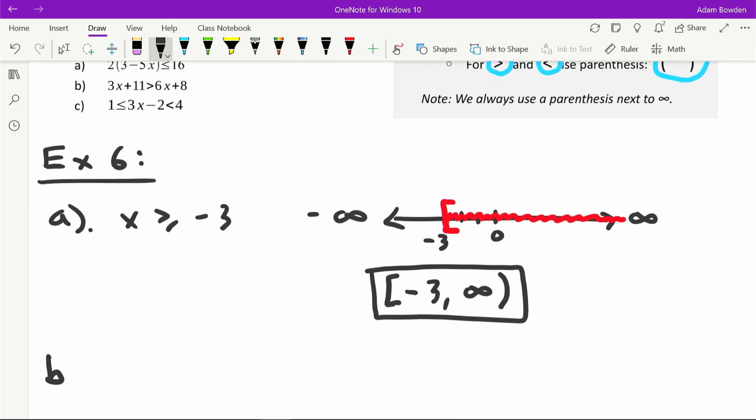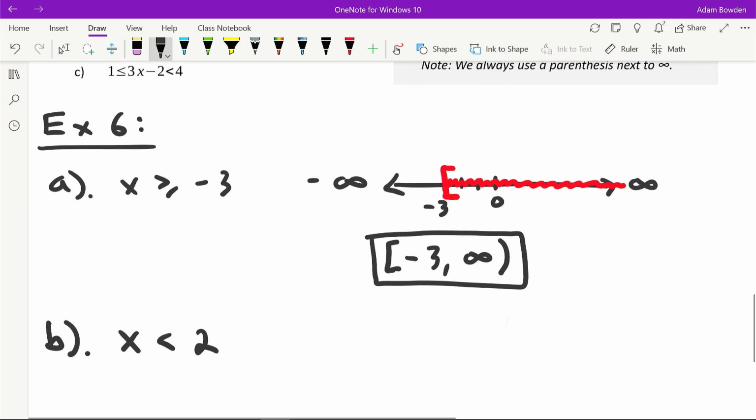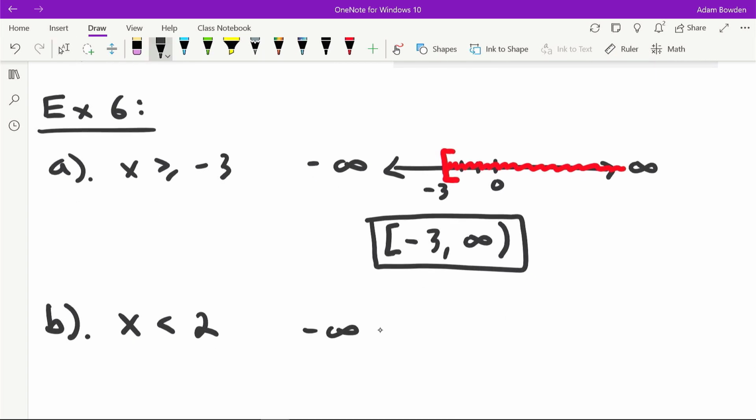On the other hand, if we say less than, for instance, x less than 2, let me show what that looks like on the number line. And so we're pointing in the left direction, the less than direction. So I'm going to put a parenthesis here, pointing to the left, and I'll shade the number line in, off toward -infinity.